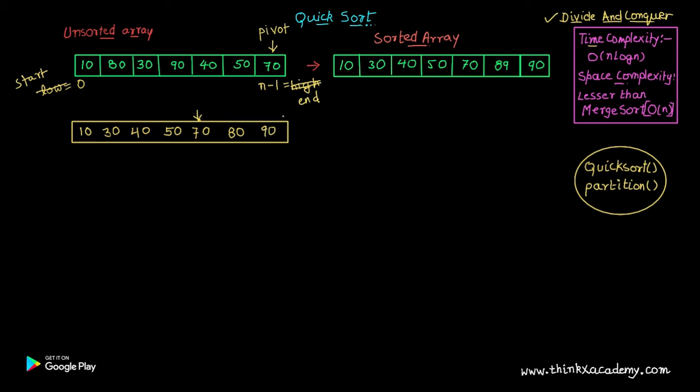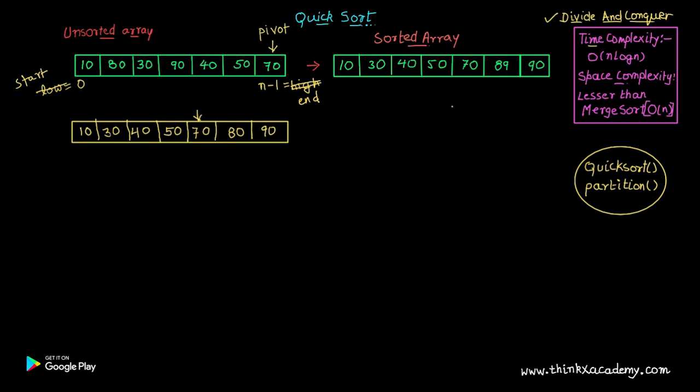So we are going to call the quicksort function again and again on this. You can see that we have rearranged this array. Initially our unsorted array was like this, and what we have done is a partitioning of this whole array around the pivot element.